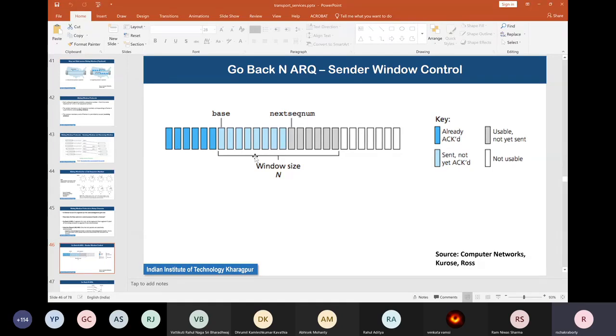The ones shown in light blue color have been sent, but not yet acknowledged. The ones shown in gray color have not yet been sent, so they are of little concern right now. The question is, what happens if timeout occurs for any of these light blue colored frames?